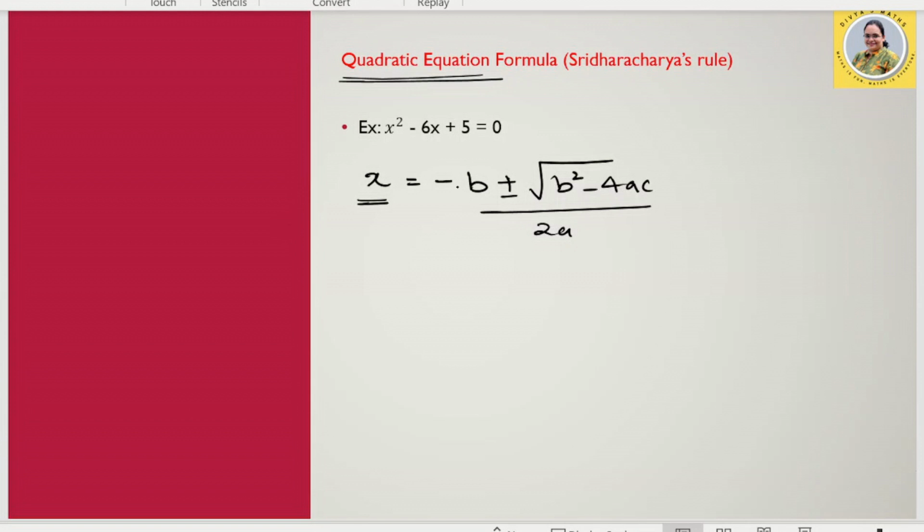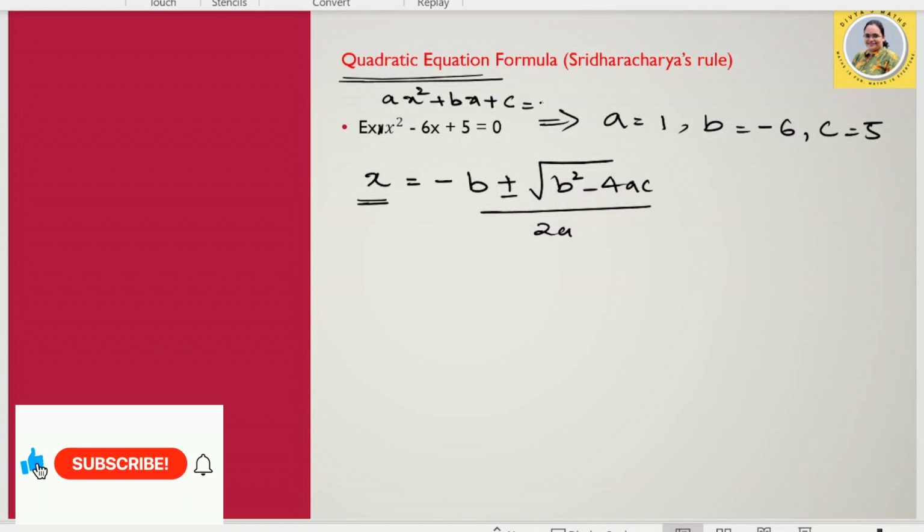So comparing this equation with the general form, you will get a is equal to 1. Here you do not have anything, it is 1, right? So a equals 1, b is equal to minus 6 and c is equal to 5. Okay. So what is the general form? ax² + bx + c is equal to 0.